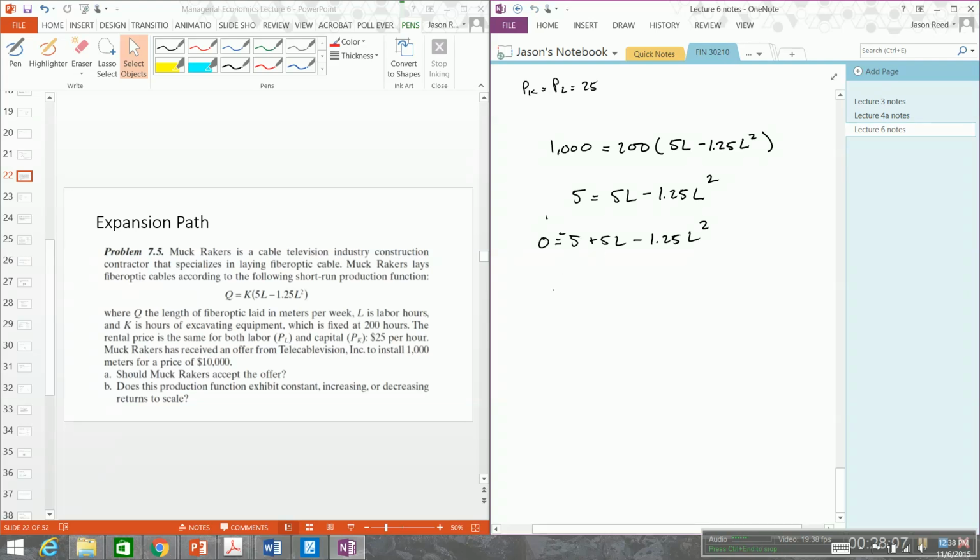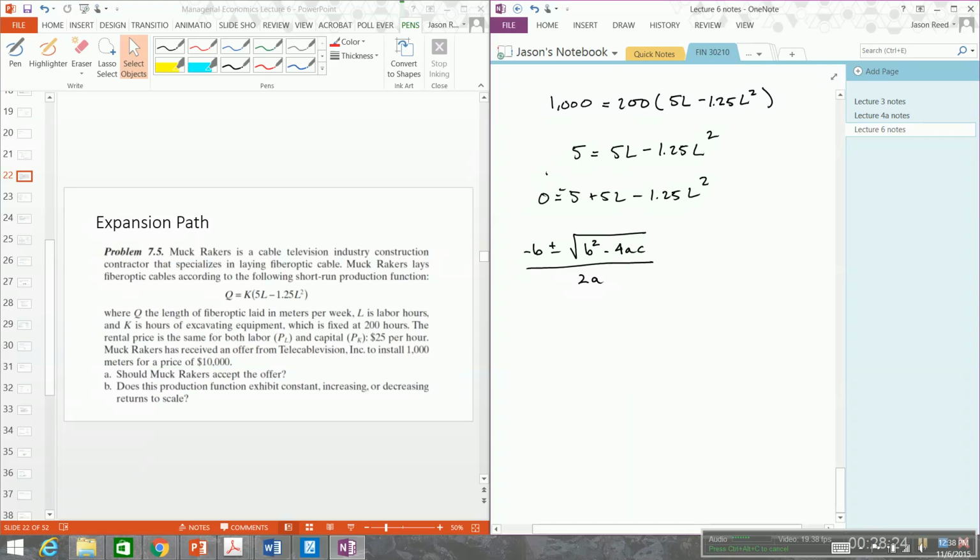So now we could solve using our formula, the opposite of B, plus or minus the square root of B squared minus 4AC, all over 2A.